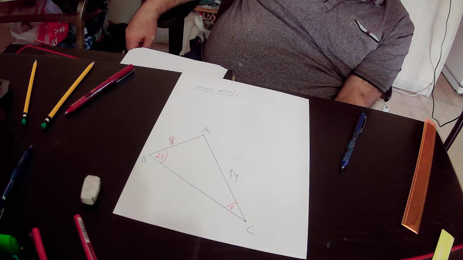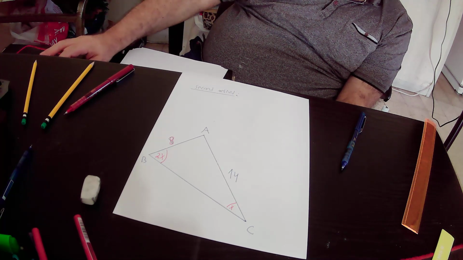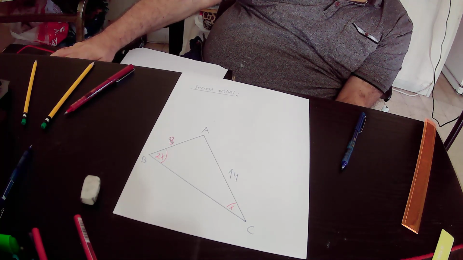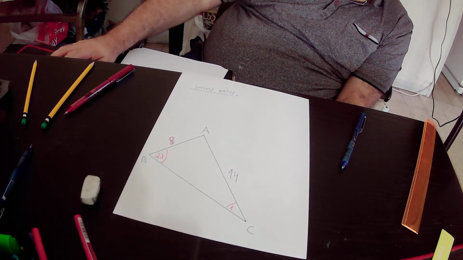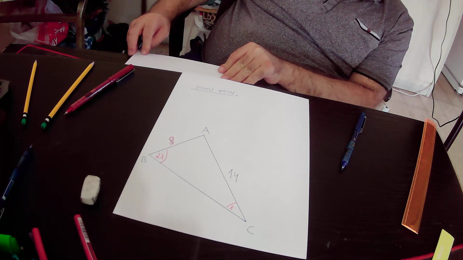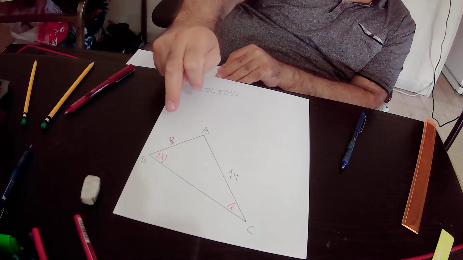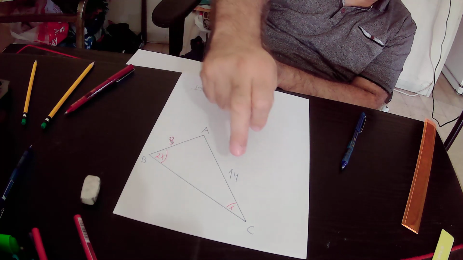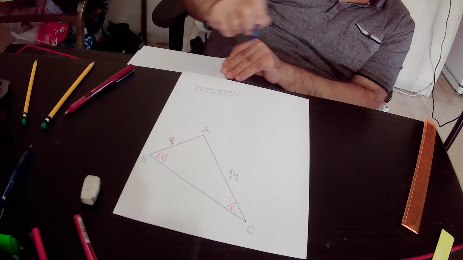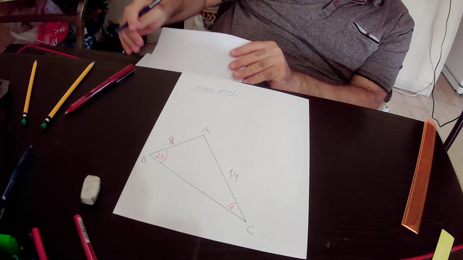We know that the sum of the angles in any triangle equals 180 degrees. So actually, angle A plus angle B plus angle C will be equal to 180 degrees. Okay?